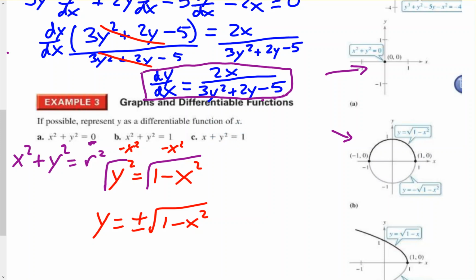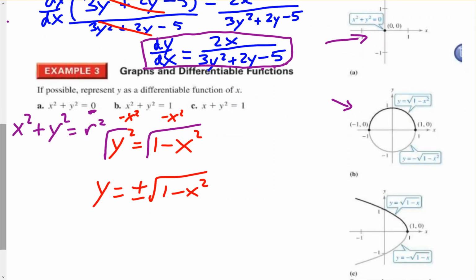Part C, the graph would be this sideways parabola opening up towards the left. Okay, and so that we could easily write as a differentiable function of x. We could solve it for y. So subtract x, both sides. So we have y squared equals 1 minus x.